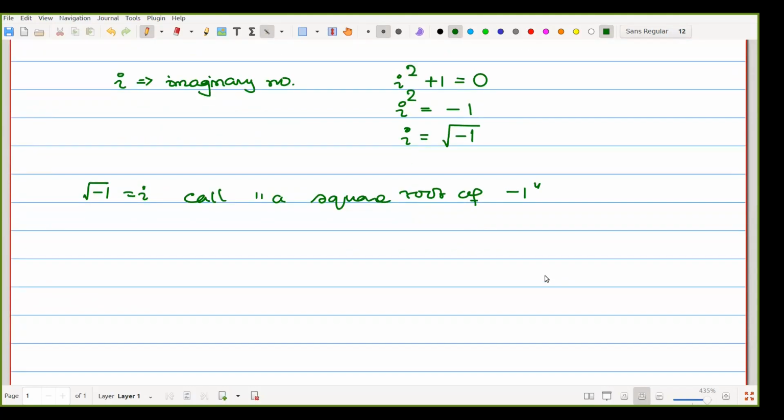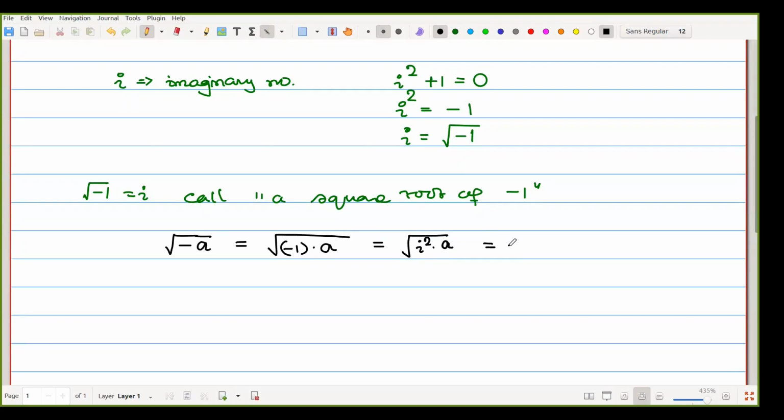So some examples. Suppose square root of minus a. It can be written as minus 1 into a. So it can be written as i square into a.